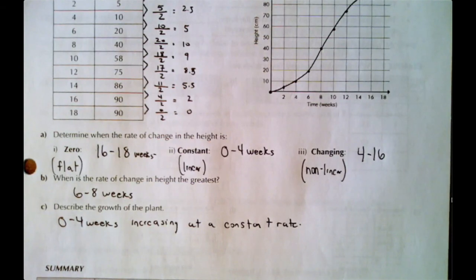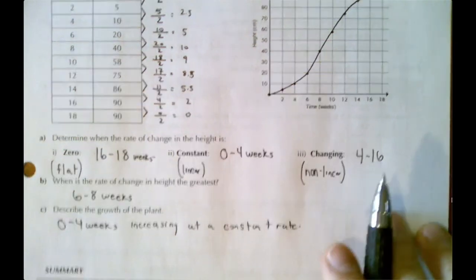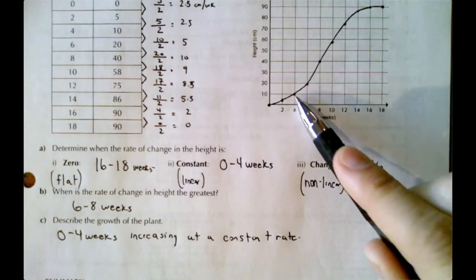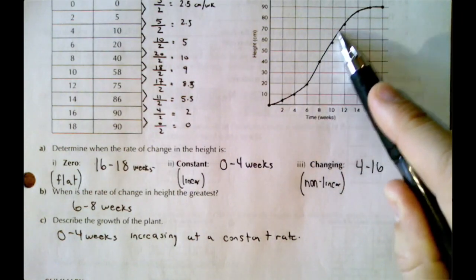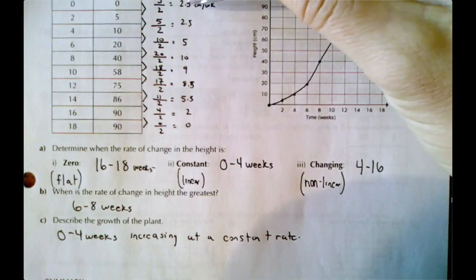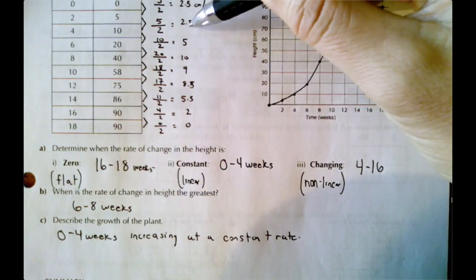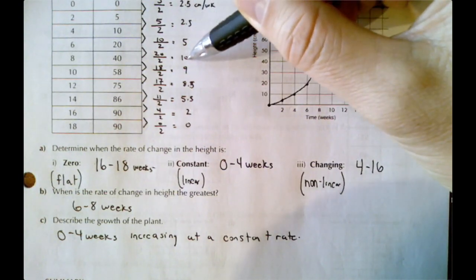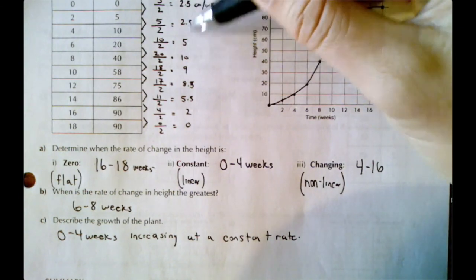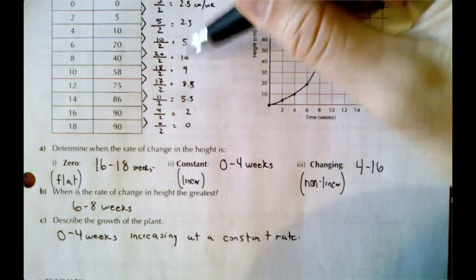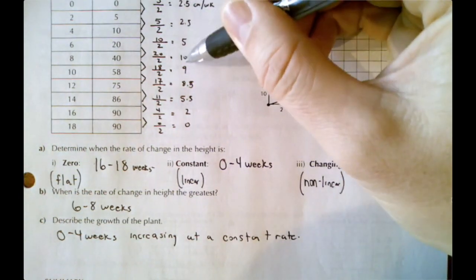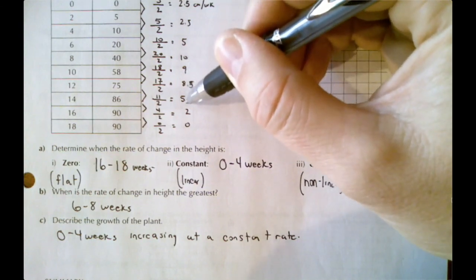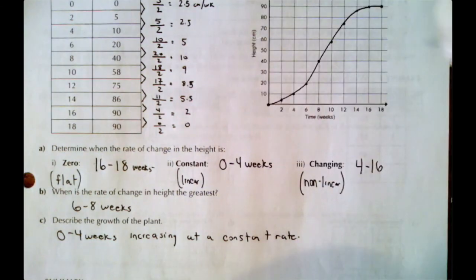Now the middle section was this non-linear section. We kind of have two parts to the middle because we're curving up and then we start curving down. As long as the rates of change are getting bigger, we're curving up. So 2.5, 5, 10. So this section here from 4 to 8 weeks, the numbers are going up, and then they start going down from 8 to 16.